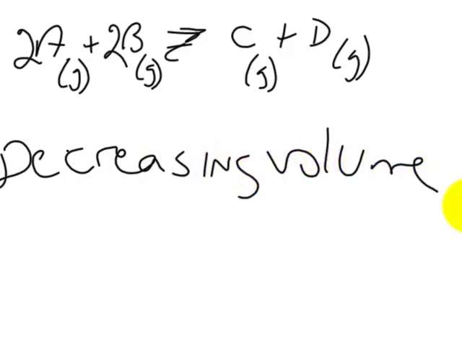Now obviously that's going to increase the pressure, and I have disturbed the equilibrium. So according to Le Chatelier, it's going to react to undo this increase in pressure, which means it's going to shift to the side which has fewer moles of gas. Now this side has 4 moles of gas, this side has 2 moles of gas. So in this case, decreasing the volume will shift it to the right because that's the side with fewer moles of gas.